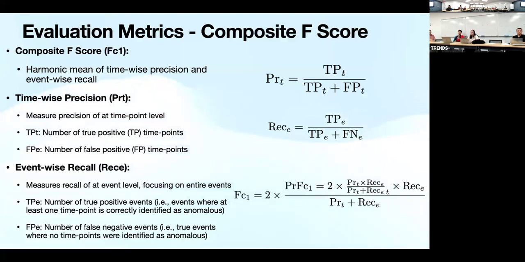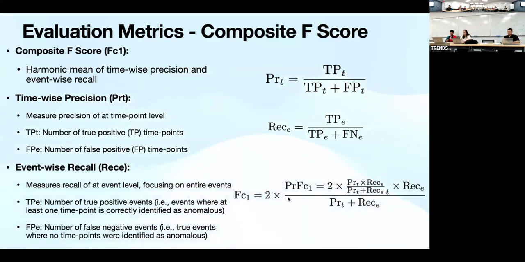So they also have the false negative, which is the number of negative events. These are true events where no time points were identified as anomalous. So this is where they did not find any time points that were anomalous.